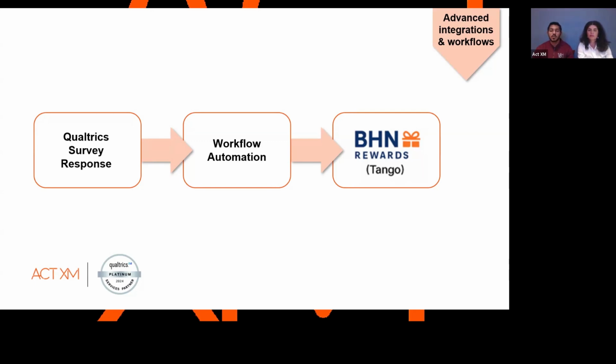So this BHN rewards integration allows you to link your Qualtrics survey to your BHN rewards account directly through the Qualtrics interface. When a participant completes a survey, Qualtrics automatically triggers the transfer of their response data to BHN rewards, where rewards such as loyalty points or discount codes are issued based on predefined criteria. This integration streamlines the reward process, enhancing user engagement and automating the distribution of incentives without any manual intervention.